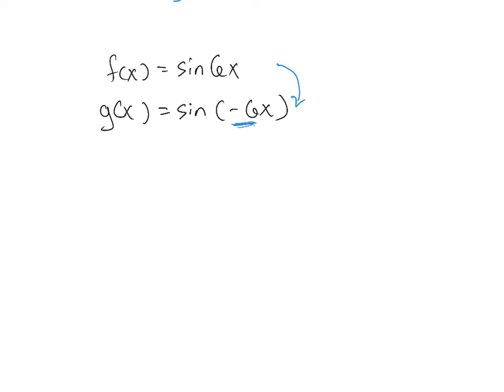Since this is a negative, it's going to be a reflection, whereas the negative in front of our amplitude is a reflection over the x-axis. This is a reflection over the y-axis.